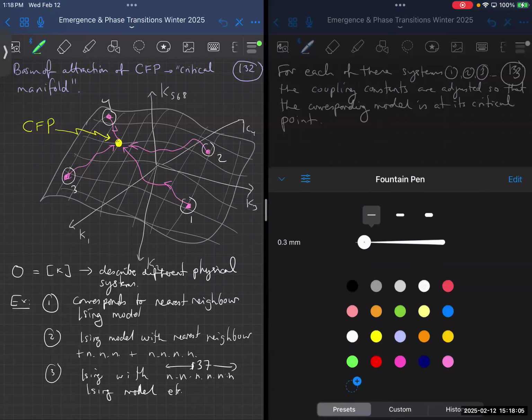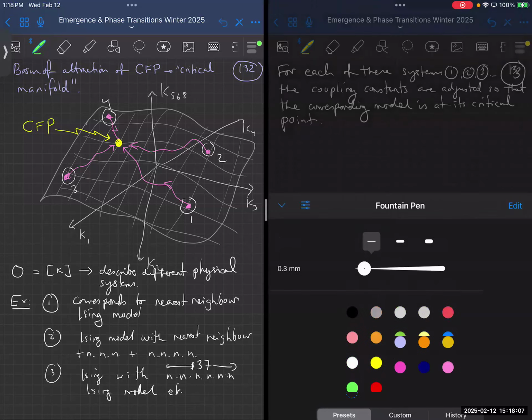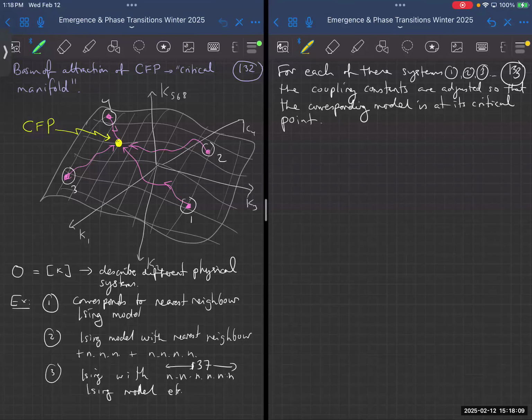So the RG picture of explanation for that is the underlying reason, not the full reason, for universality.